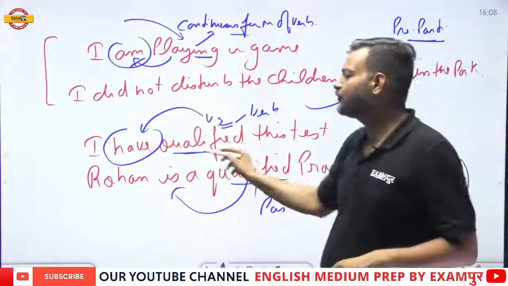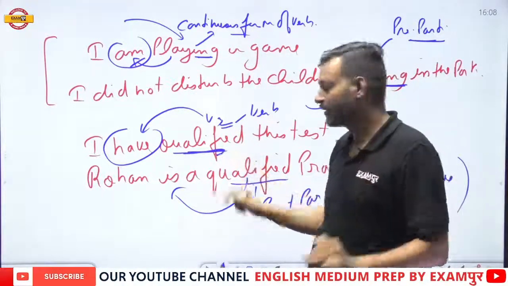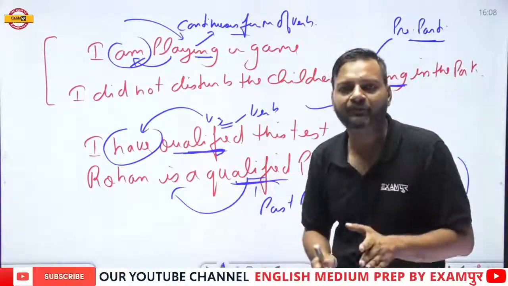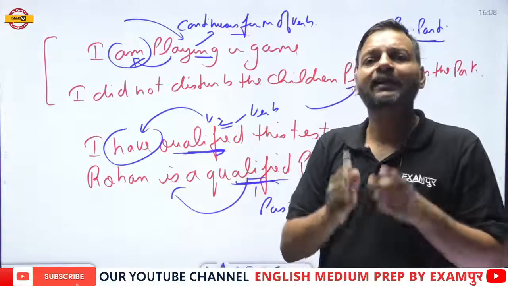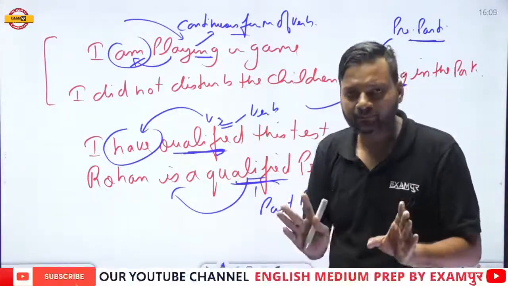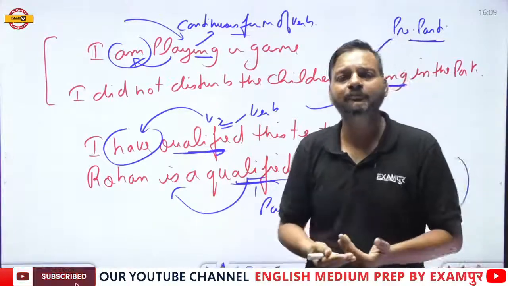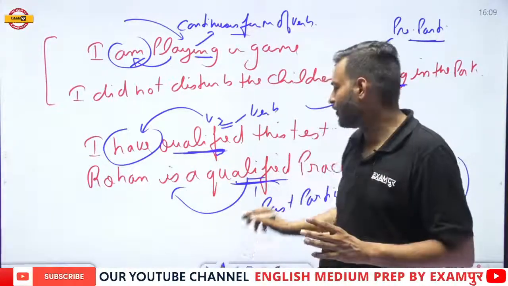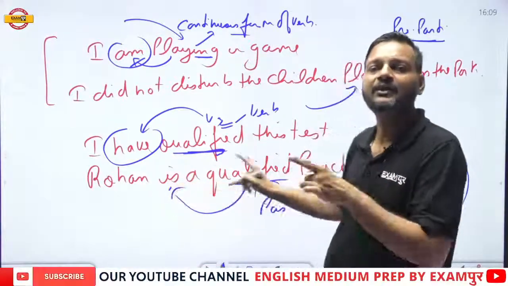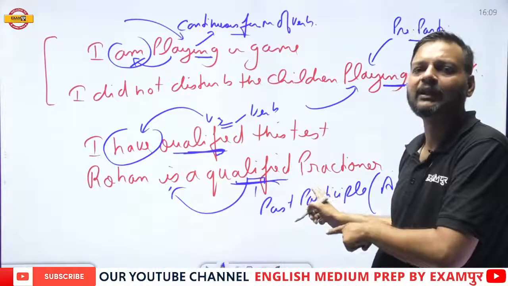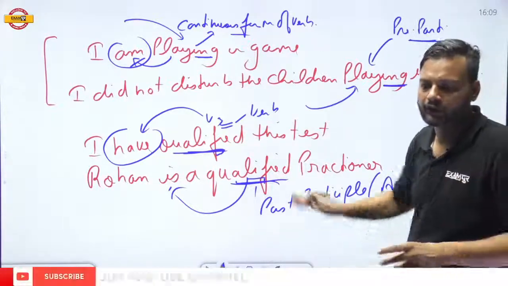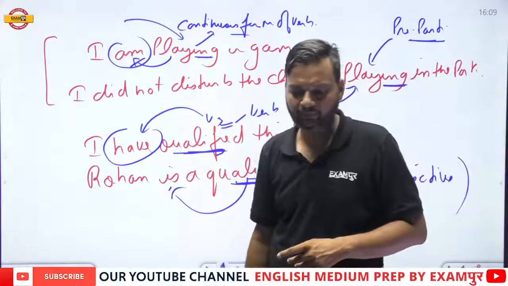So here the word qualified is a verb, but in the second sentence the word qualified is an adjective, because past participle actually functions as an adjective. Clear? Let me repeat one more time. When a third form of verb is used without have, has or had, it is a past participle, and past participle is actually an adjective, not a verb. So remember this difference. Clear?